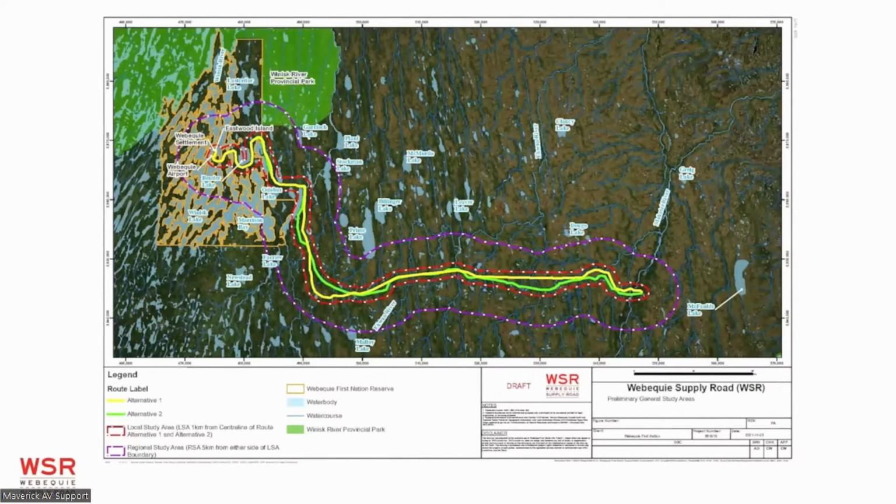And this next map shows the three basic types of study areas relative to the two alternatives, the community-based alternative and the technically preferred alternative, which looks at the community-based alternative and makes minor changes to the route based on better terrain and soils and other factors.